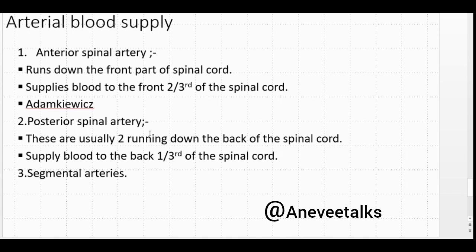With them we also have venous drainage. What is the use of the venous drainage? Veins remove the waste products out of the spinal cord, and drain directly into the large veins.